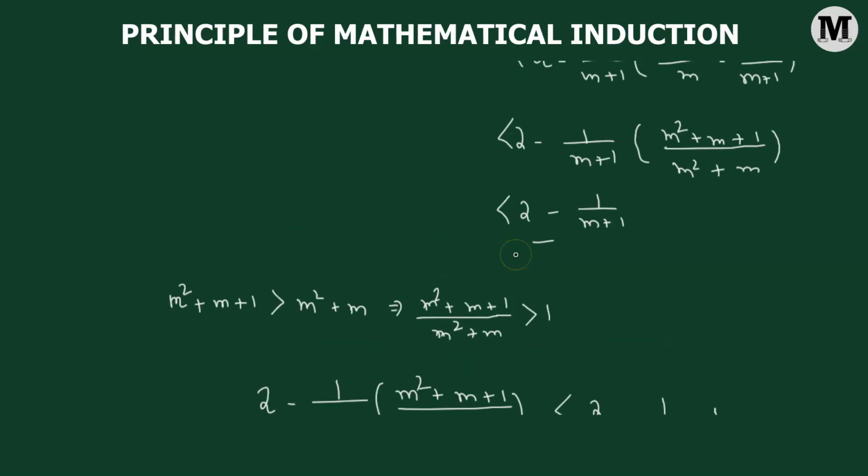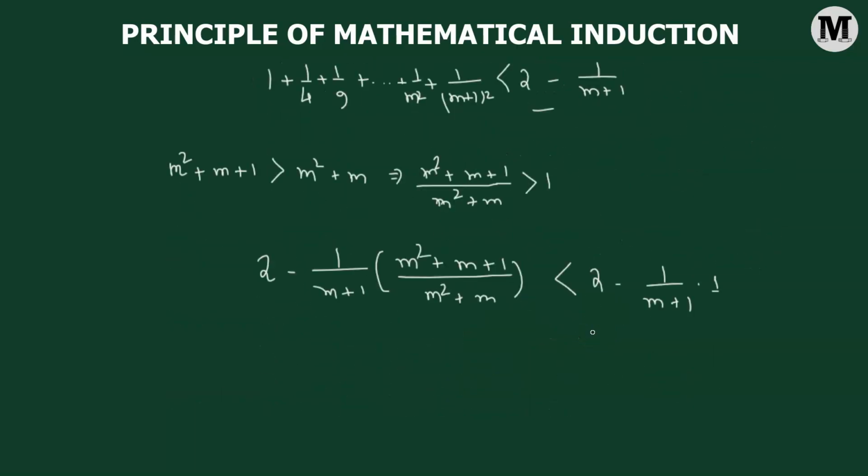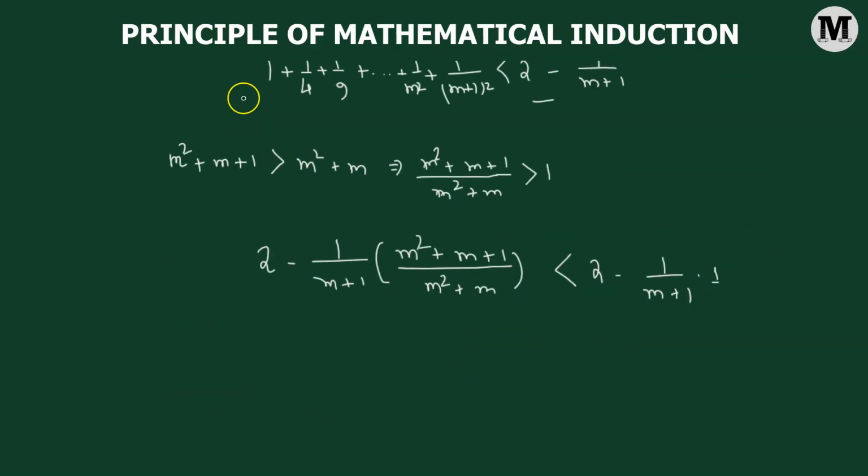Okay, so that is why we were successfully able to write that 1 plus 1 over 4 plus 1 over 9 going all the way up to 1 over m squared plus 1 over (m plus 1) whole squared, this entire sum is less than 2 minus 1 over (m plus 1). So from this inequality, we have been able to show that the statement P of m plus 1 is true.